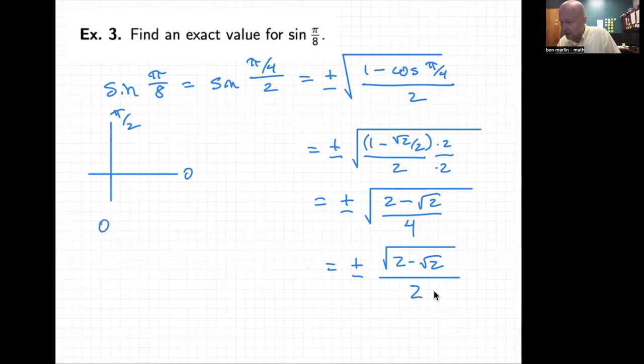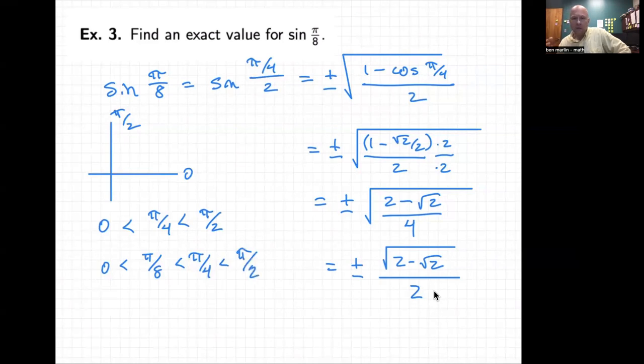So I'm going to write 0 is less than pi over 4 is less than pi over 2. And now I'm going to divide it by 2 to get my pi over 8. And then I will have to think a bit to see that that is still less than pi over 2. So we have things in the first quadrant. And that tells us that we're going to use the plus because of the fact that signs of things in the first quadrant are positive.